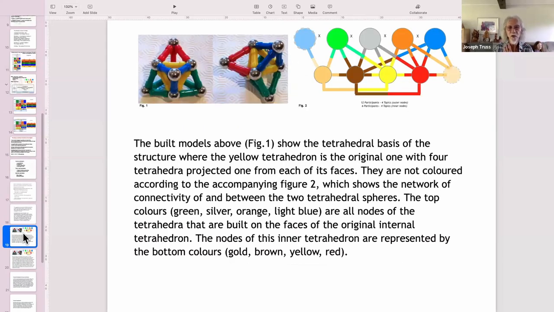So as shown with the built models above, the tetrahedral basis of the structure, the yellow tetrahedron is the original one, we would call the inner topics, and the 4 tetrahedra on the outside projected will give you the 4 external topics. Now, these are not colored according to the final design. This is just to show you how the structure is formed.